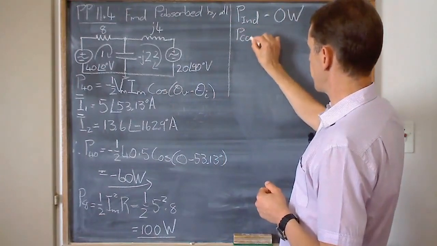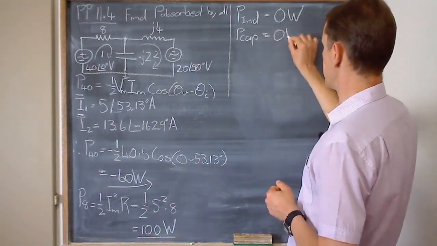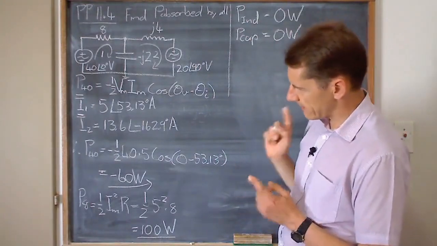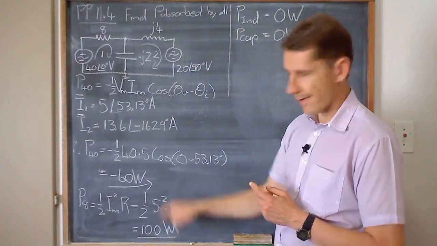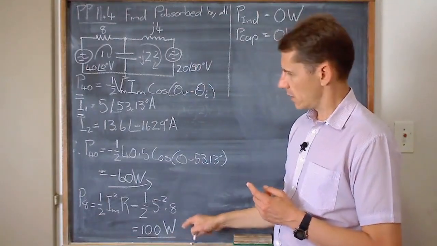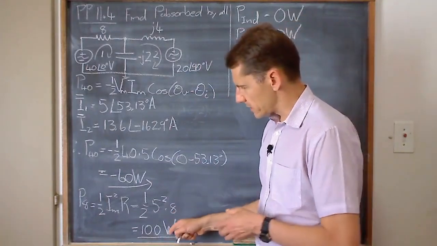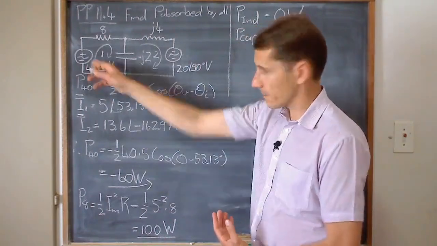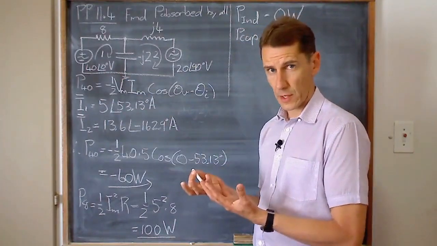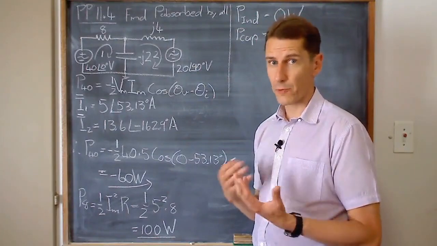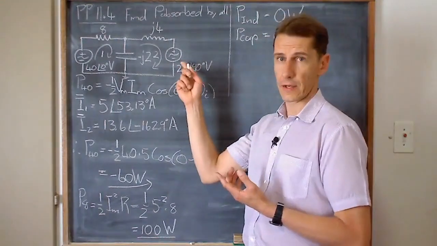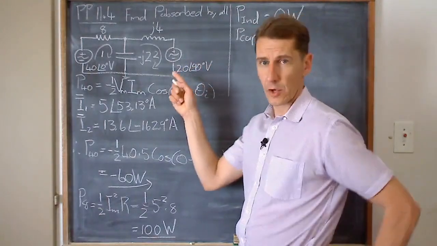So for the capacitor as well, 0 watts. Okay, so that leaves me with a deficit of 40 watts. So the resistor is absorbing 100 watts. This source is providing 60 watts. Where is the remaining 40 watts going to come from? Can only come from one place, eh? This one. So we're expecting to get 40 watts.